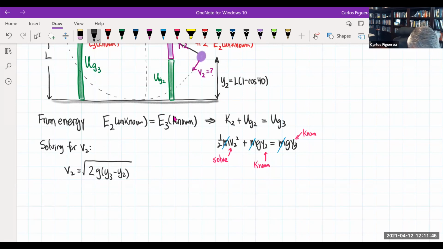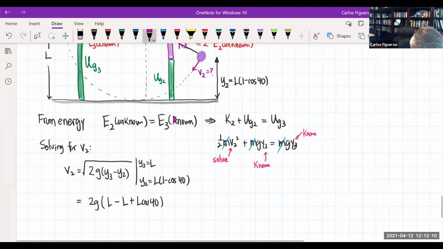But let's start putting in these values here. I know y3 must be the length of the string. I know that y2 must be L minus L cosine of 40. So if I plug these in, I'm going to get 2g, and then L minus L plus L cosine of 40. And you can see that these are going to cancel out. So now I finally get a relationship that reads 2gL cosine of 40.